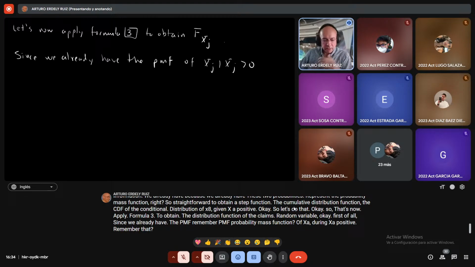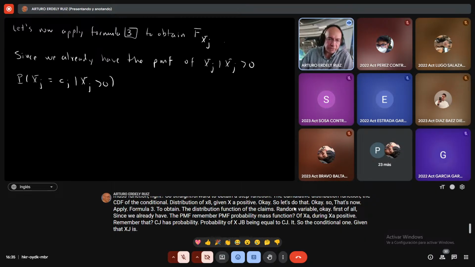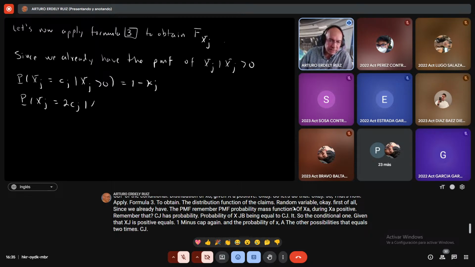Remember that Cj has probability, the conditional one, given that xj is positive, of xj being equal to Cj equal to 1 minus kappa j, and the other possibility is that xj equals 2 times Cj given xj positive, with probability kappa j, right?